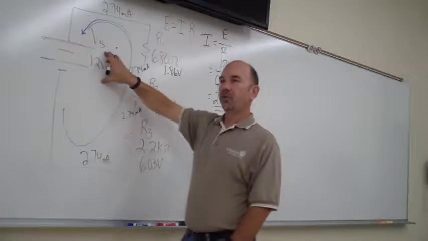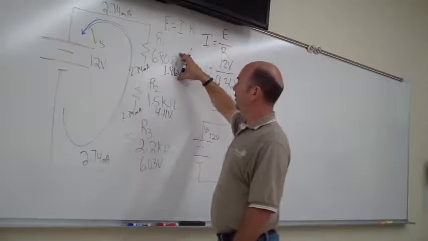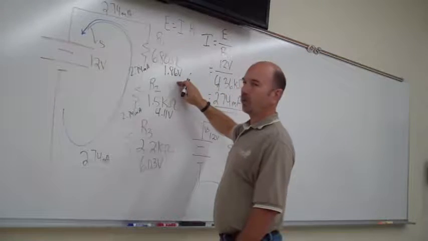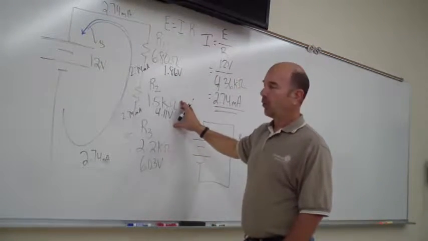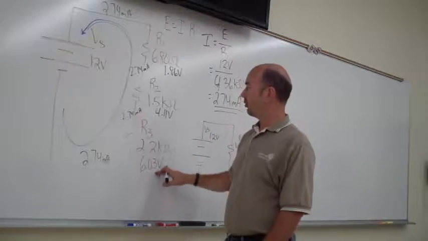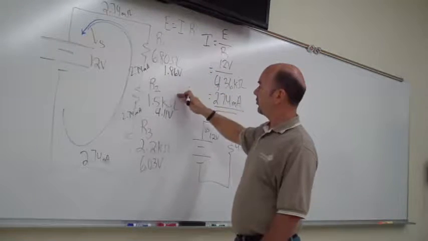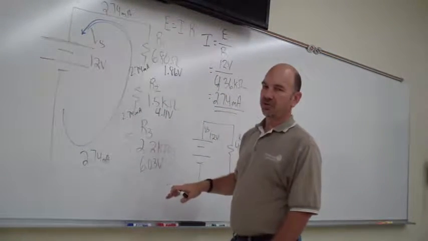Now this overall supply voltage hasn't increased, but notice what's happened to the voltage developed across each resistor. The 680 was 1.86 volts. The 1.5K ohms is 4.11 volts. And the 2.2K ohm is 6.03 volts. As the resistance is increasing and the current is held steady, the voltage increases.